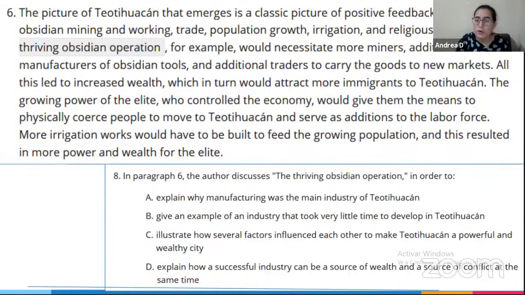All right. Okay, I kind of know what you mean. So yes, coercing people to move to the city and serving as additions to the labor force. Yeah, that's basically slaves. And the industry as a source of wealth. So yeah, I think most of the paragraph is explaining how it was a source of wealth. Okay, I gotcha.